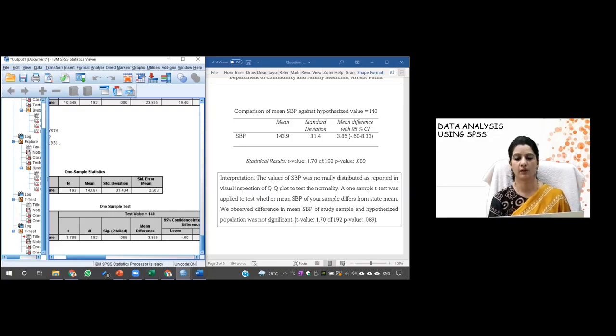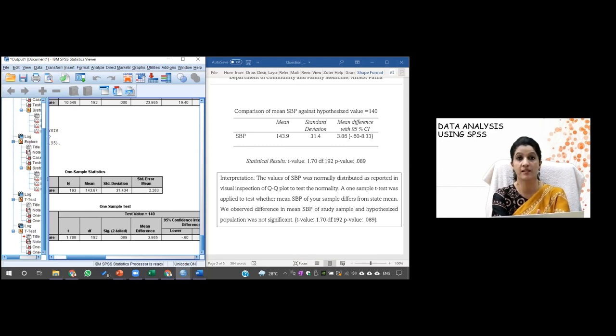Oh, actually, I got your point, Ashish. You are confused between a confidence interval of 0 and confidence interval of 1. So when it is a difference, then the 0 should not come in between. But if it is a ratio, like odds ratio, in that case, the 1 should not come in between, right?